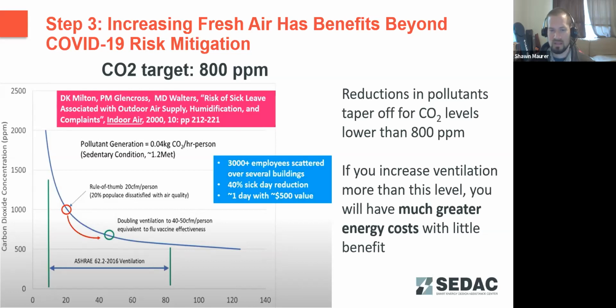Even after the pandemic is over and we're kind of getting back to normal operations, you may want to consider maintaining these increased ventilation rates for your facilities, because they do have these other benefits as far as cognition, student performance, reduced sick days for staff and students, that can have much greater benefits beyond just the considerations of energy costs for your facility.